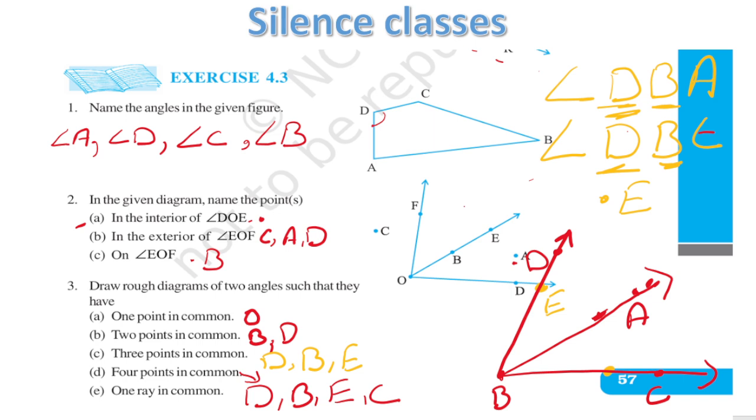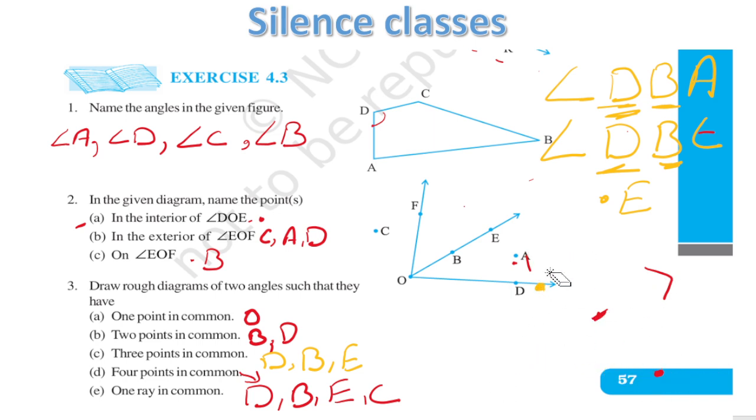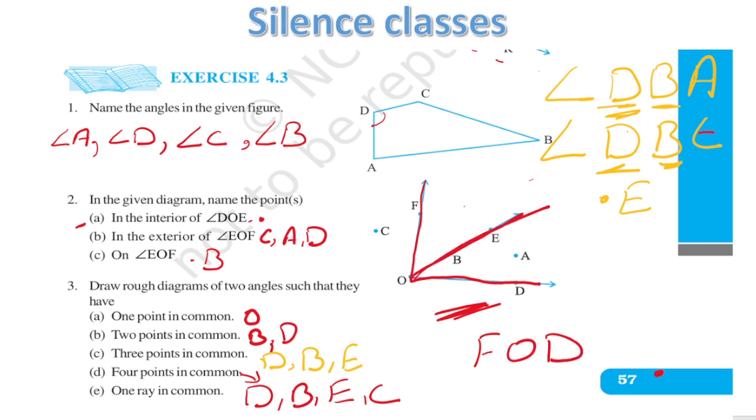One ray in common, that is very easy. One ray in common means we can take a single diagram like this. If you take the same figure which is given to you, F, O and D, we can check OE.